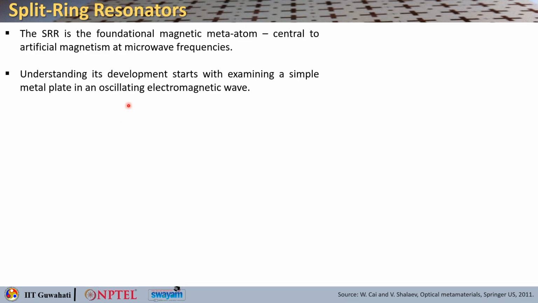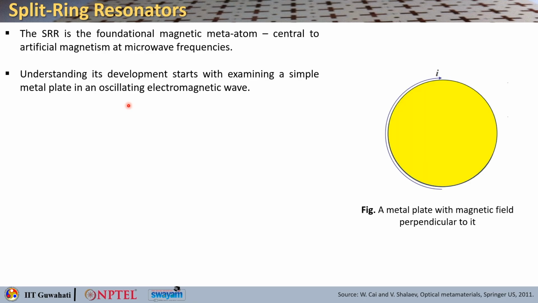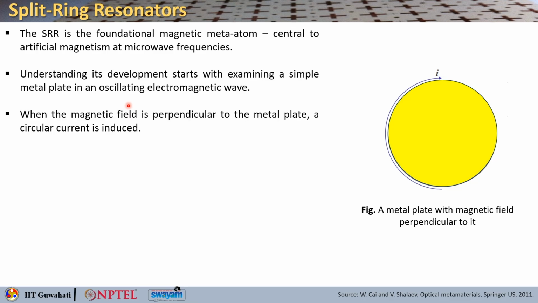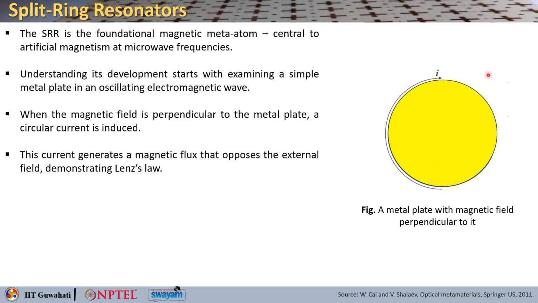So, understanding its development will basically start with examining a simple metallic plate in an oscillating electromagnetic field like this. You can think of a metallic plate where the magnetic field is perpendicular to it, and a circular current like this will get induced in the plate.